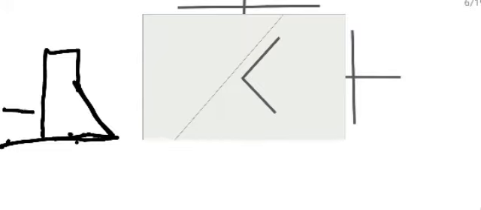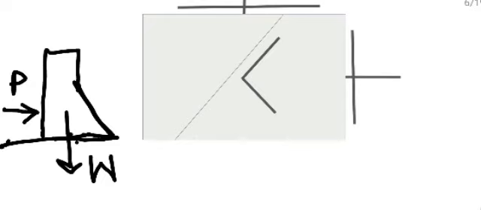So here in this direction, it experiences pressure of water. In this downward direction, it experiences self-weight. So a combination of these acts on the retaining wall.